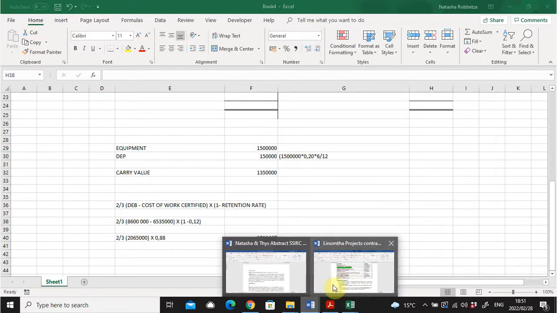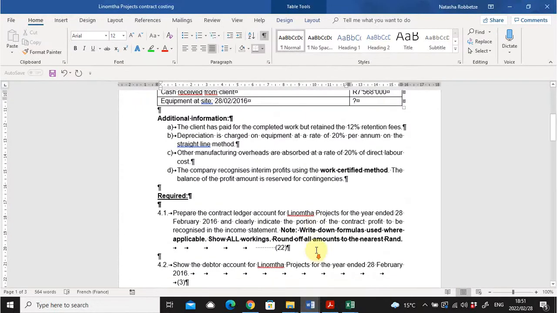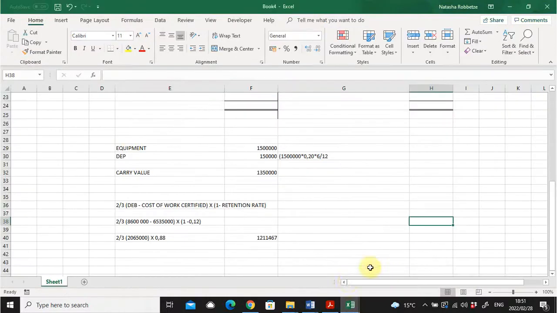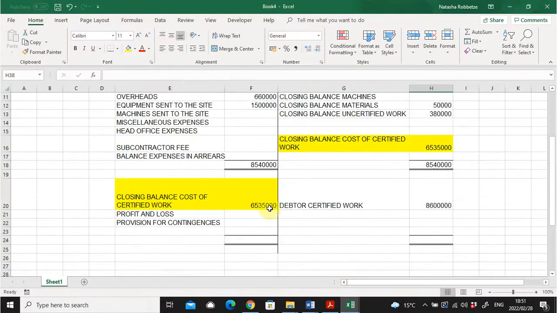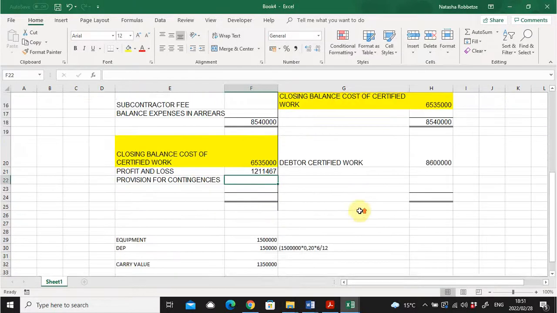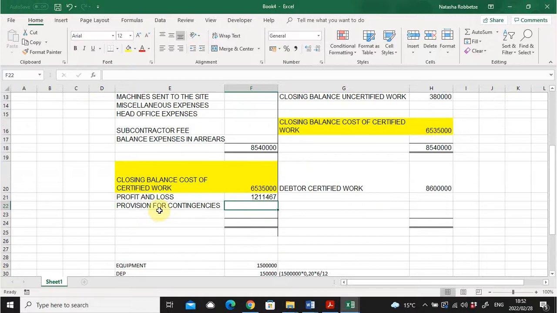However, the question tells us we need to round to the nearest rand. So that's what I have done, and then I'm going to fill it out. So there it goes to the profit. Now we only need to get to a balancing figure, which is the contingency amount.